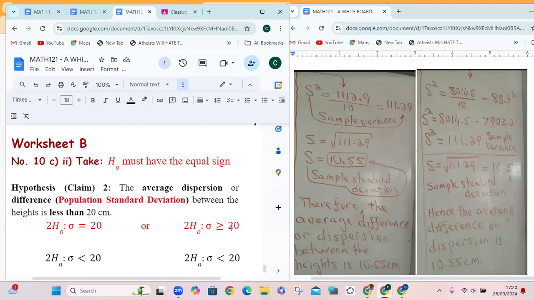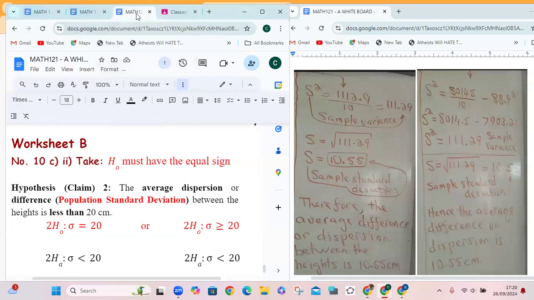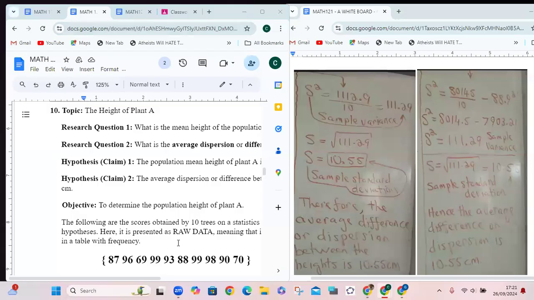So now we've got to know what the data is saying. The data is the 10 values in the sample. This is the data that was collected, and the standard deviation was calculated from it.